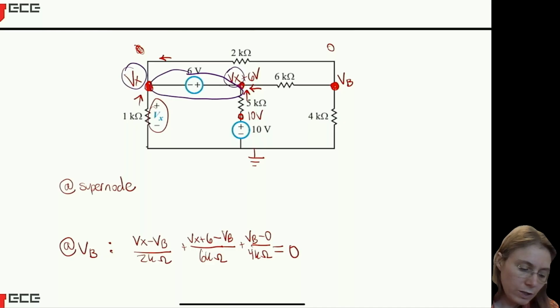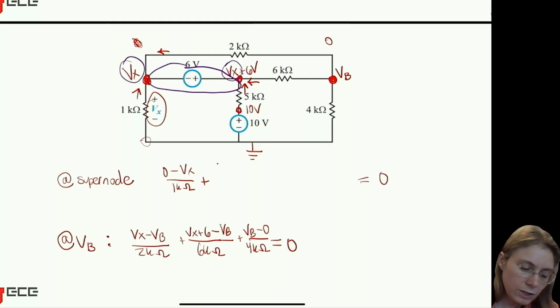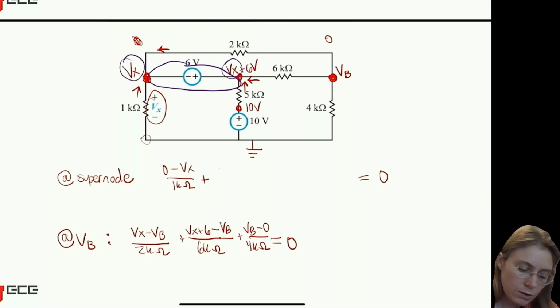Okay, so from over here, we start on this side, so 0 minus Vx over 1 kilo ohm. And we're going to sum all of them to 0 again, because we're doing all pointing in. Vb minus Vx for this arrow, Vb minus Vx over 2 kilo ohms.